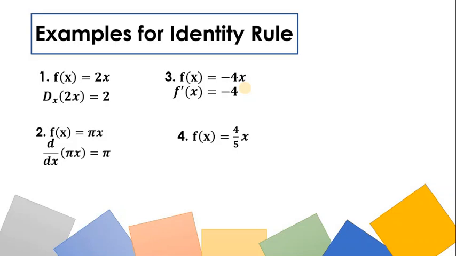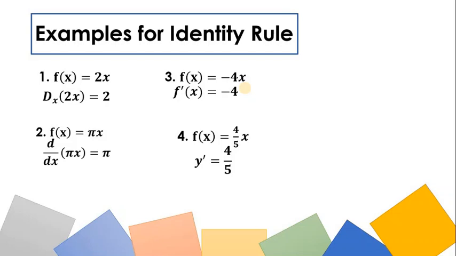For the last example, f of x is equal to 4 over 5 x. Still the identity rule, for a single variable x beside 4 over 5. What is now the derivative? The derivative is 4 over 5. In short, the identity rule works when you encounter a single variable in your function with a number beside it.